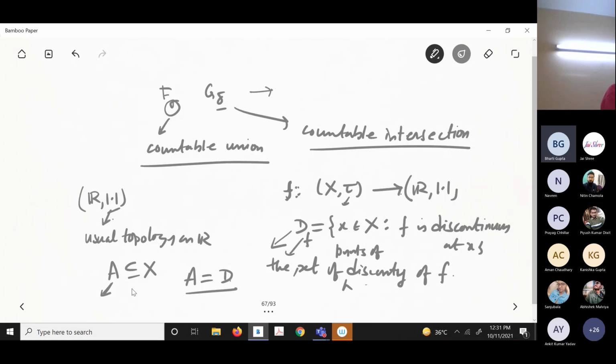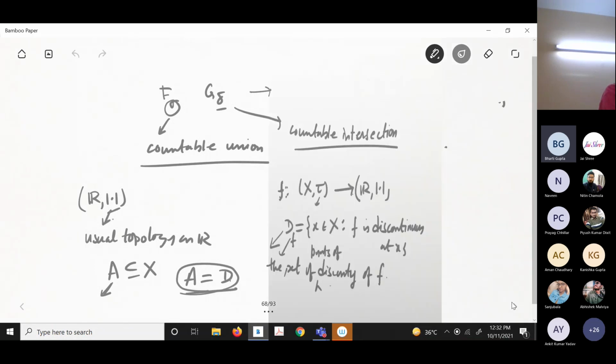Unless A behaves nicely, you may not have this. And what is that nice behavior? That we want to figure out. There must be some restriction on A, not any A you give me. That only on A you have points of discontinuity, and outside A it is continuous, is not possible unless A has some property. That's why I have introduced F sigma and G delta.